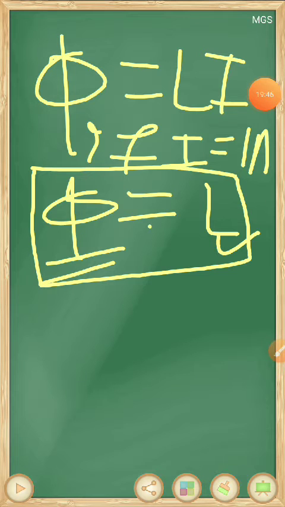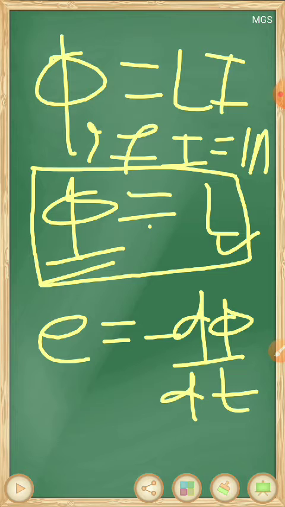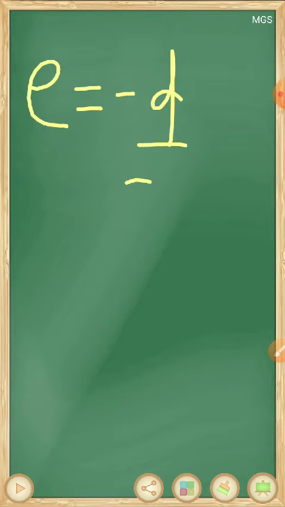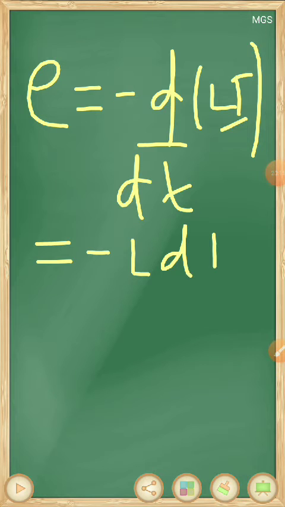We know that E is equal to minus d phi by dt. Now substitute the value of phi here. So E is equal to minus d by dt of L into I, or it is equal to minus L di by dt.